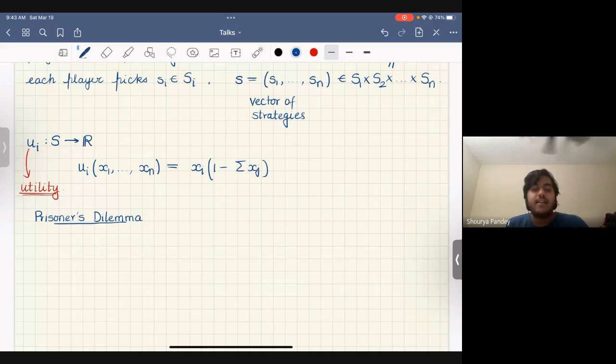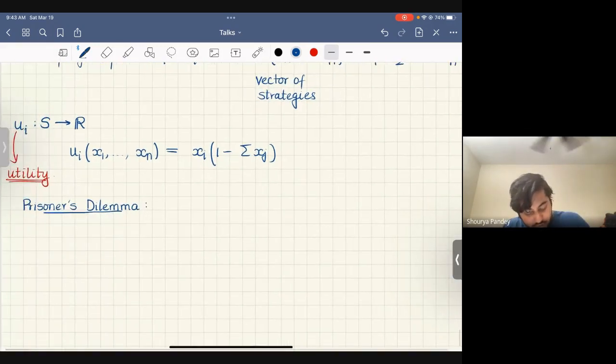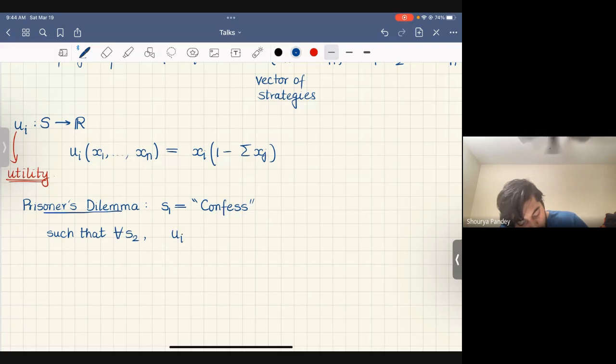Note that we had this strategy for Prisoner's Dilemma, which is S1 equal to confess, such that for all S2, the utility obtained by player 1 through this is at least as much as the utility obtained if we change our S1 to something else.